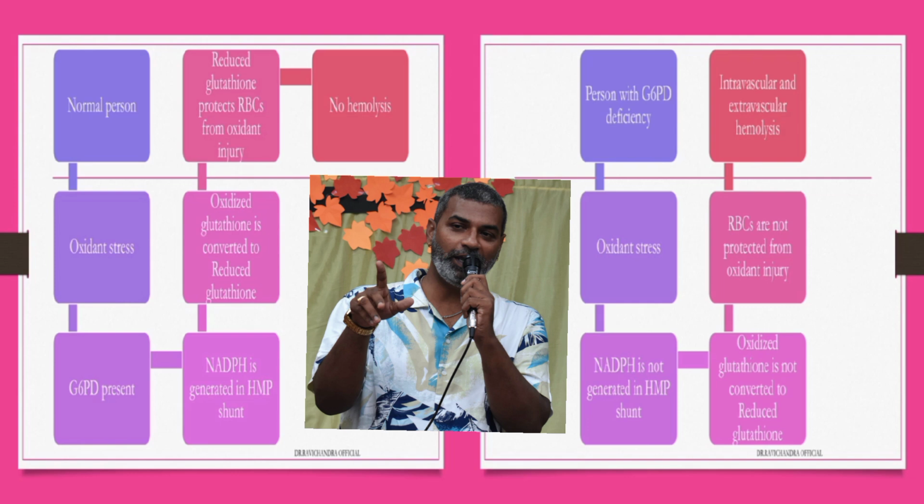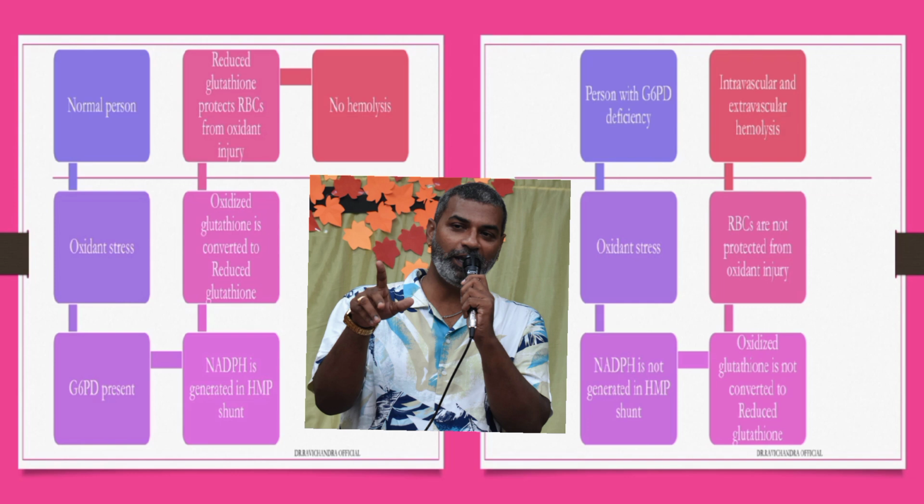But in the case of G6PD deficiency, glucose 6-phosphate dehydrogenase enzyme deficiency, when there is oxidant stress, NADPH is not generated in the HMP shunt pathway. As a result, glutathione is not reduced. As there is no reduced glutathione, RBCs are not protected from the oxidant injury.